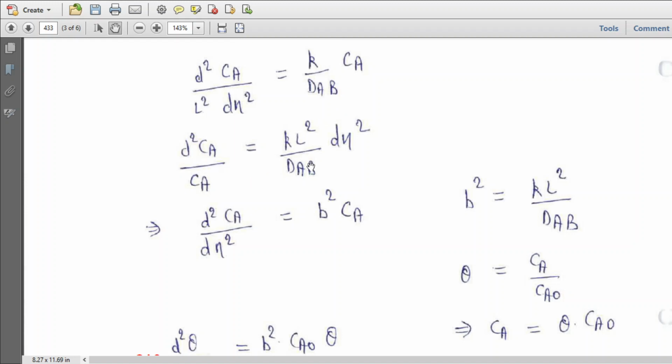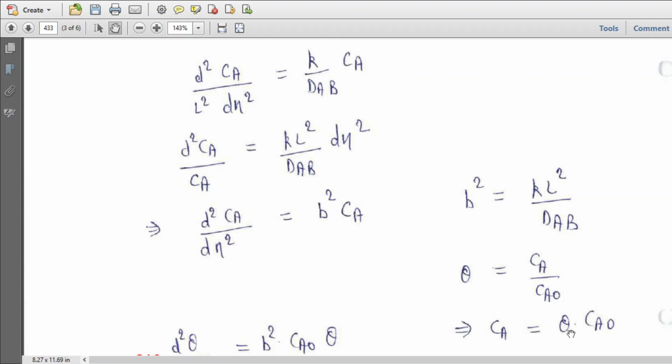So we have d square CA upon d eta square equal to beta square CA, where beta square equals k L square upon DAB, and the non-dimensional concentration is considered as theta. So theta is being considered as CA upon CA0. Now if we substitute CA upon CA0, we can calculate from here what CA is.